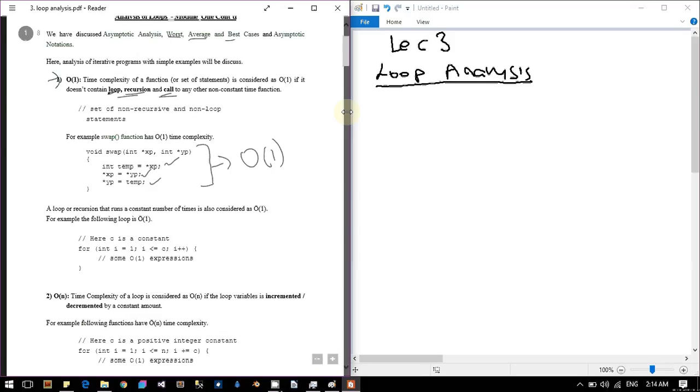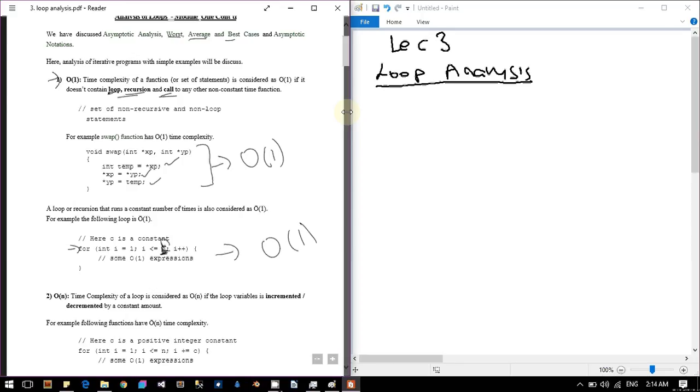This one too. Even though it was a for loop, remember what I said: if it doesn't have a loop, recursion, or call, it is order 1. But even if it's a for loop, as long as we know how many times it's going to run, it is also order 1. Assuming this was less than n, then it would have been order n, but this is less than c.